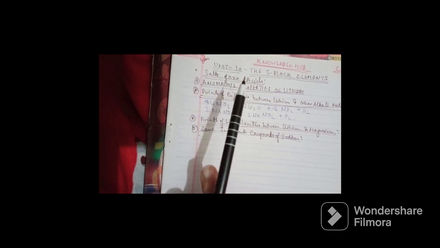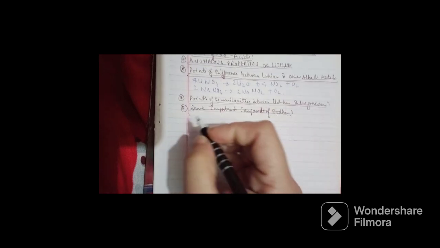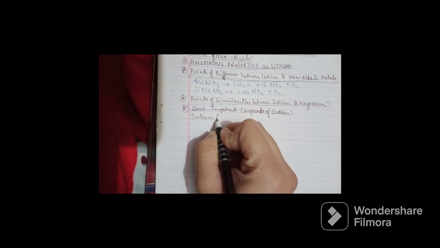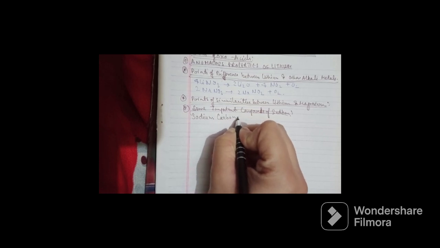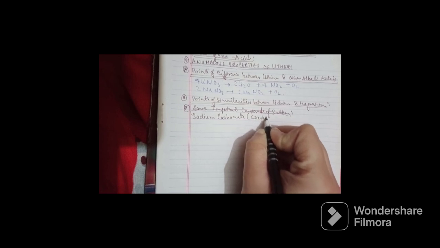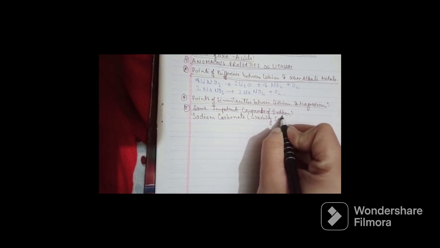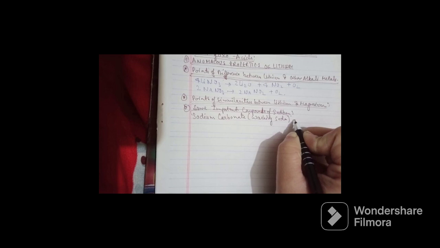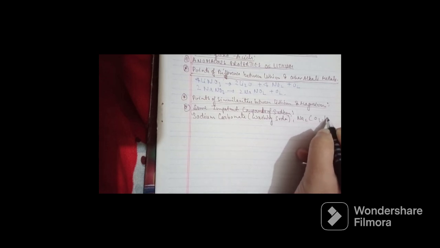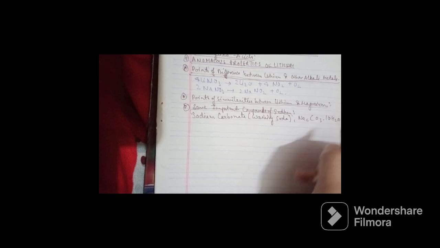We'll discuss sodium carbonate, which is washing soda, Na2CO3.10H2O. This is washing soda.